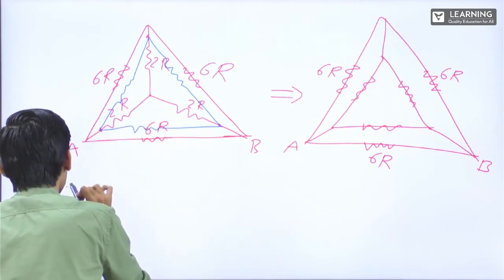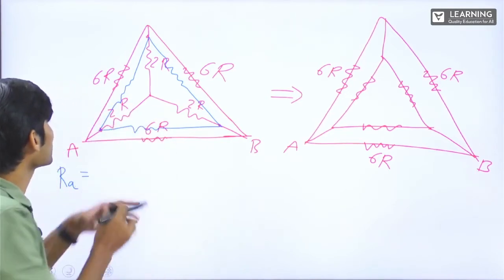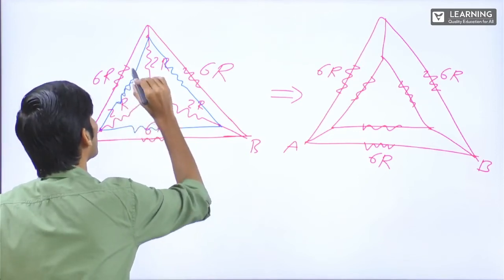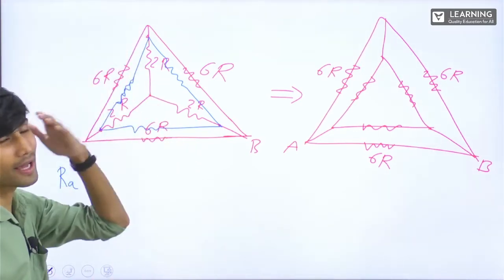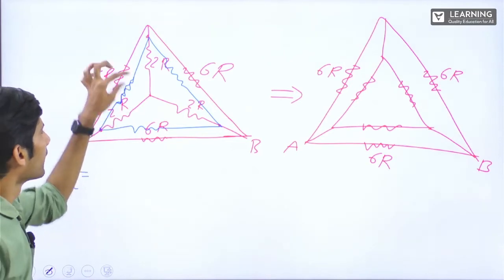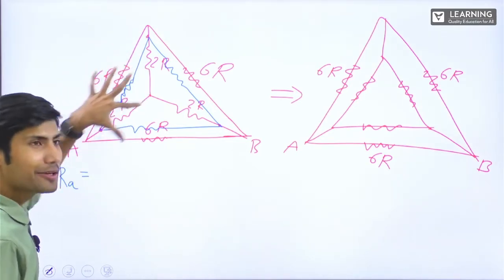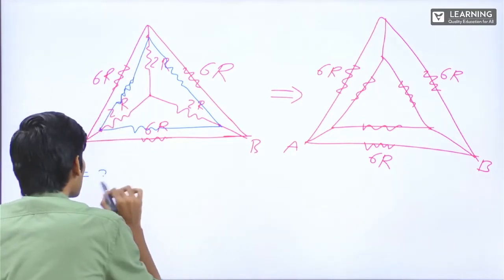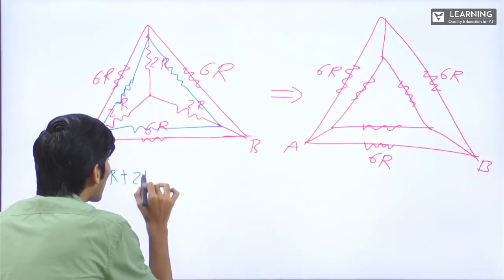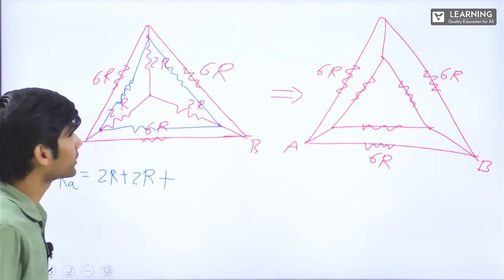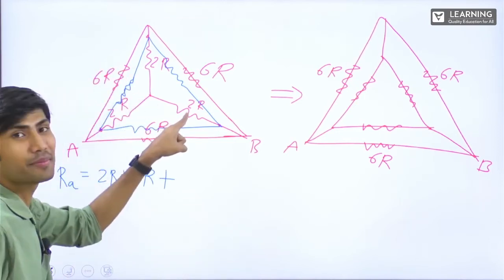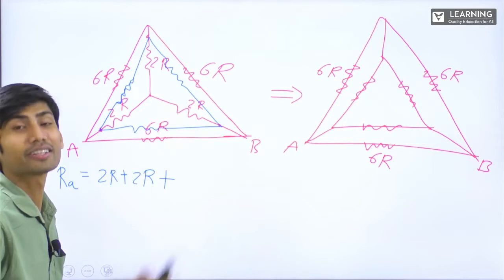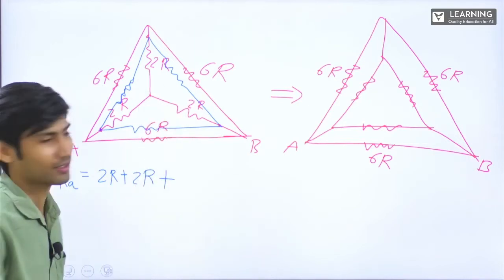What will be Ra? Let us say this is Ra. Fine. What will be Ra? The cap, can you see? Remember the cap? The sum of the cap, that is 2R plus 2R plus, there are three terms. Third term will be the product of the cap divided by the one which is in the front, the one which is left out, right?